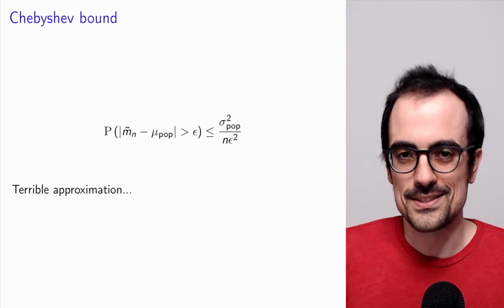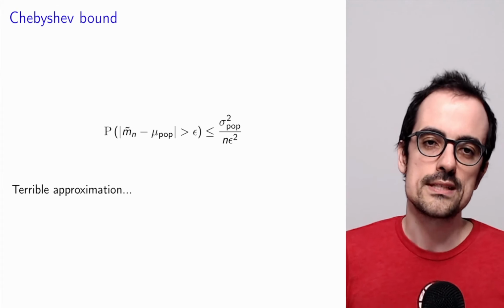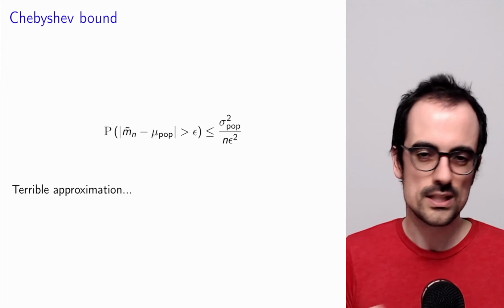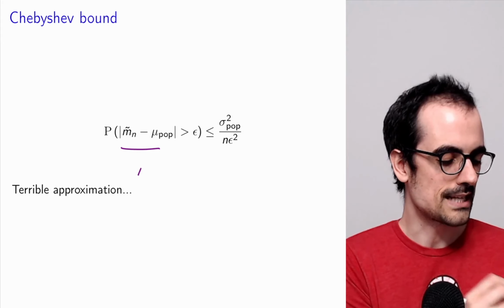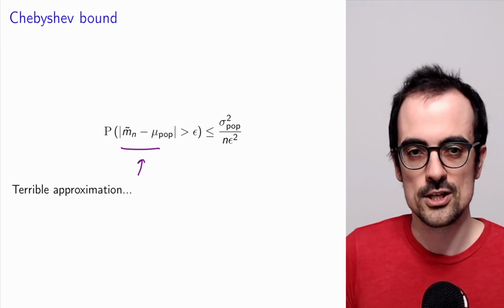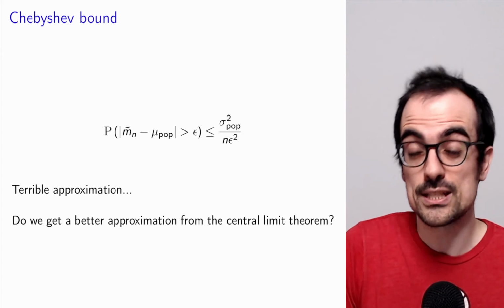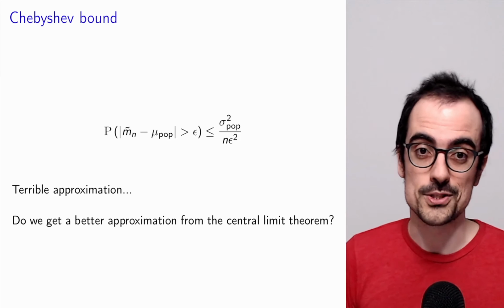Remember that we motivated introducing the central limit theorem because this Chebyshev bound that we used to prove the law of large numbers did not give us a good approximation of the deviation between the sample mean and the population mean. So we can see whether this Gaussian approximation inspired by the central limit theorem gives us a better approximation.